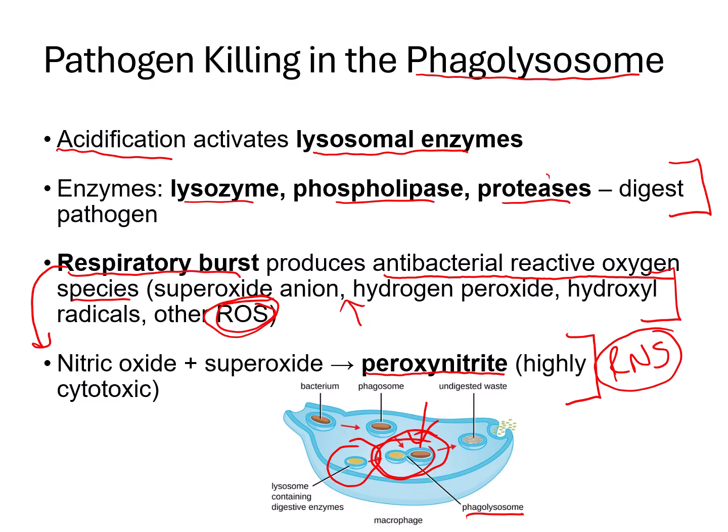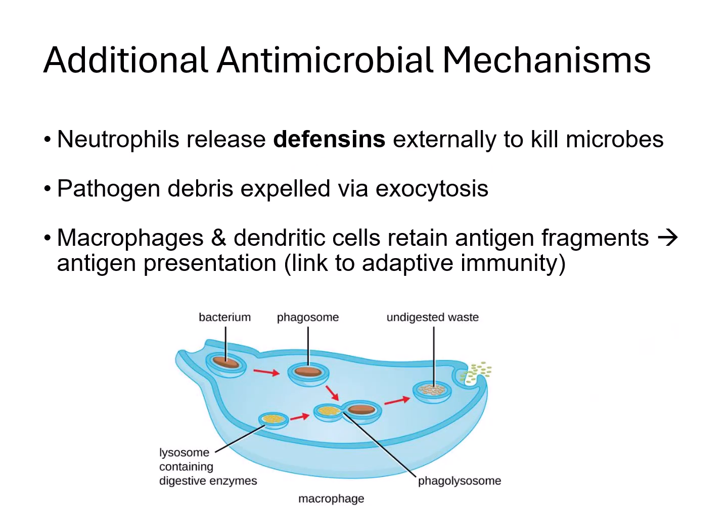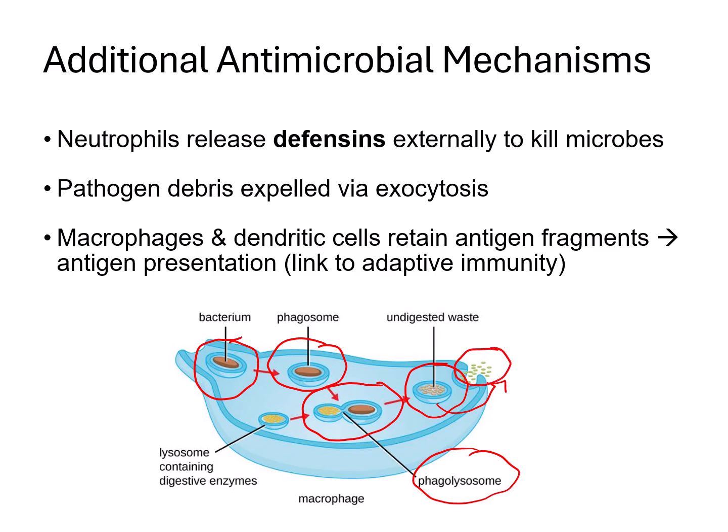So this combination of lysosomal enzymes, ROS and RNS, ensures that the pathogen is killed efficiently. All right, so we saw that phagocytes engulf the pathogen, form that phagosome, fuse with a lysosome to form a phagolysosome, destroy the microbe, and then expel the pathogen components through exocytosis.